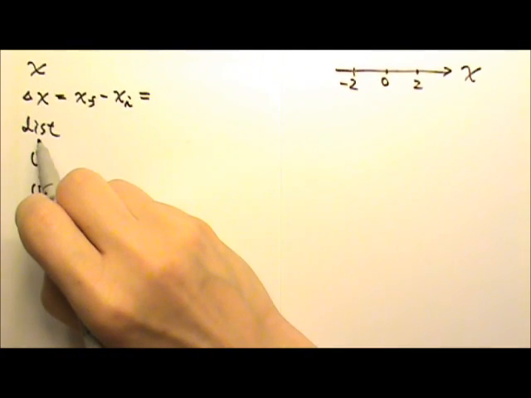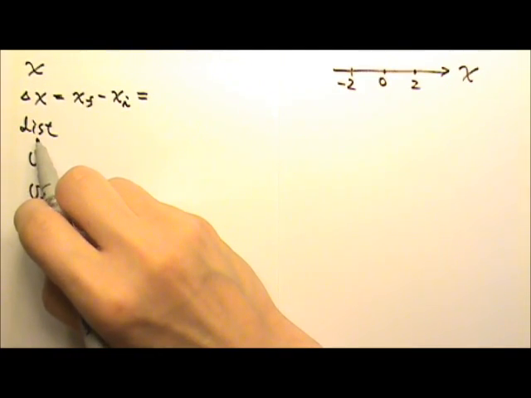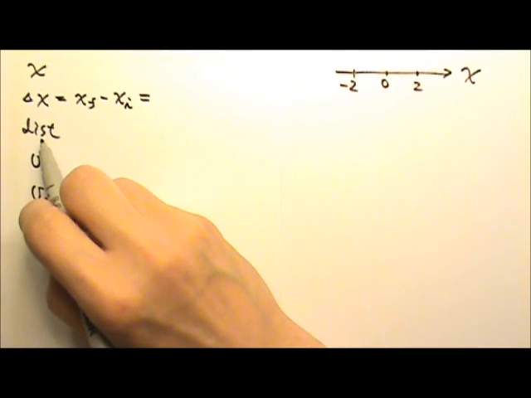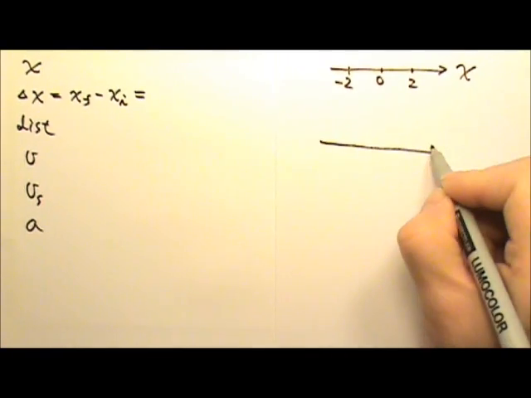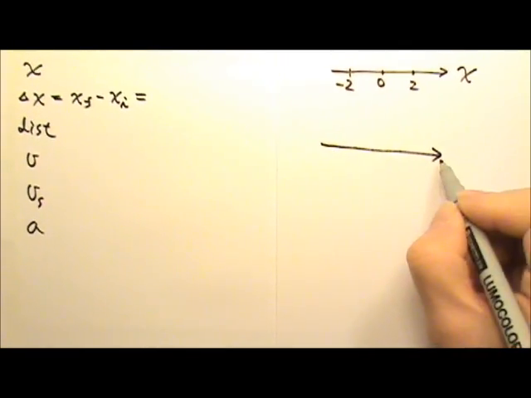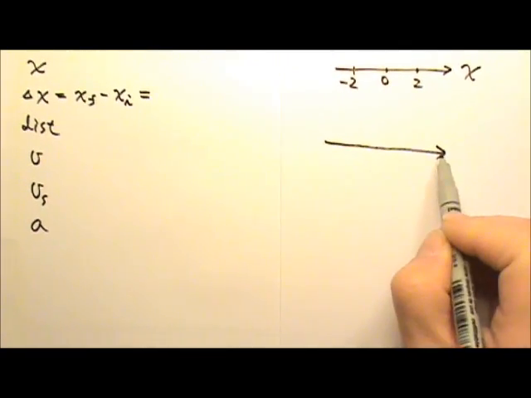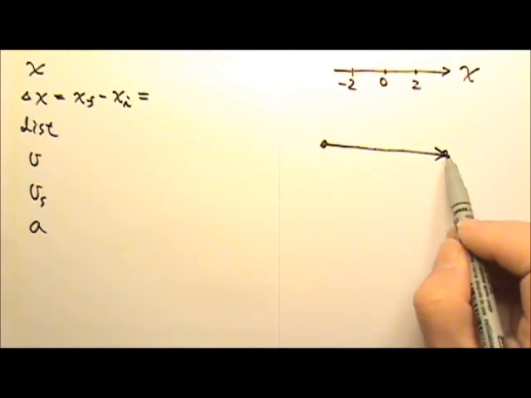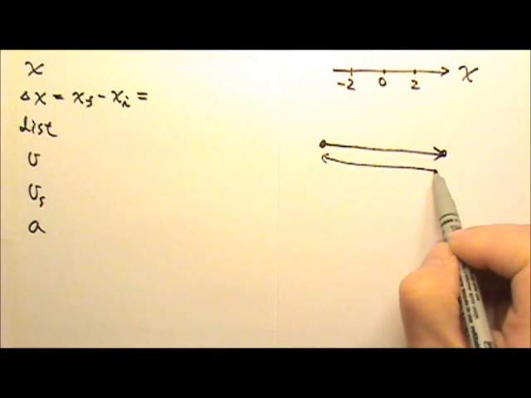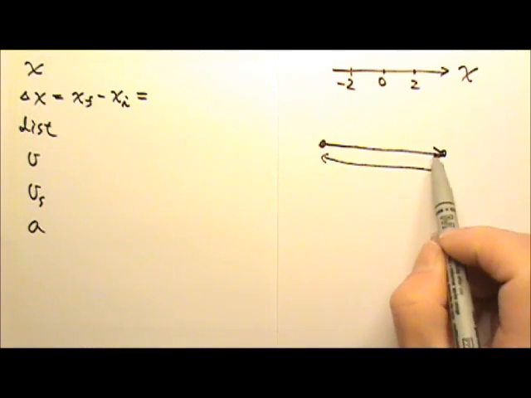The distance traveled, on the other hand, is just the length of a path. So distance traveled is a scalar. So if an object travels along a straight line, the position starts from here, the position ends there. The changing position has a length that is the same as the length of the path.